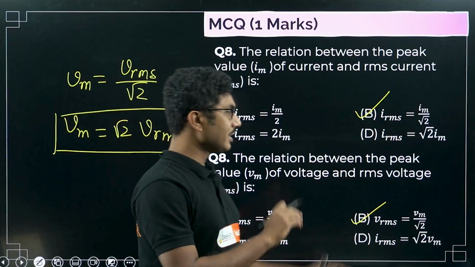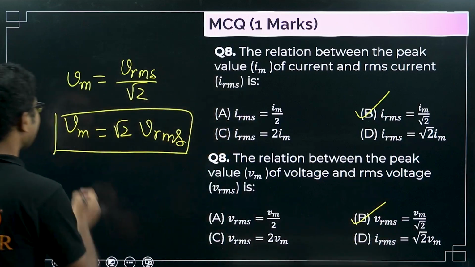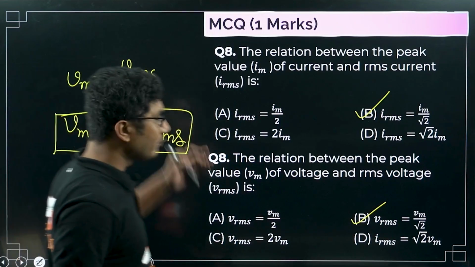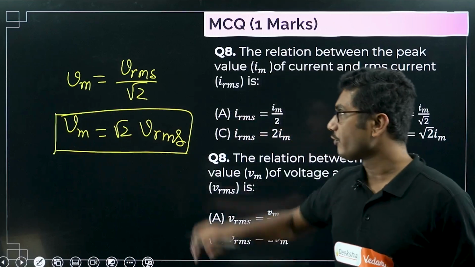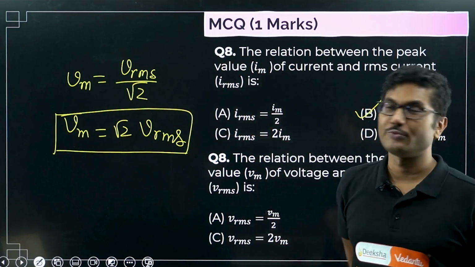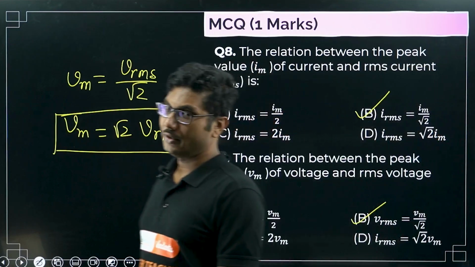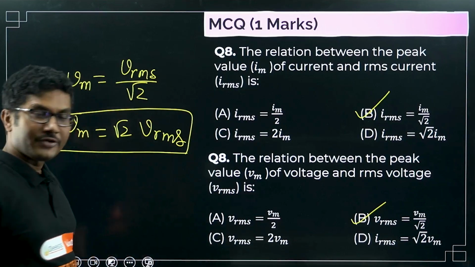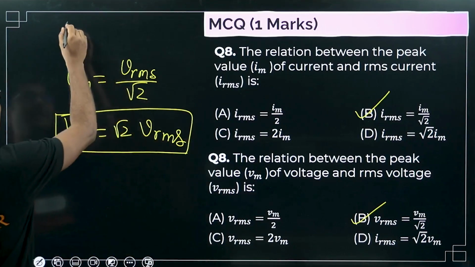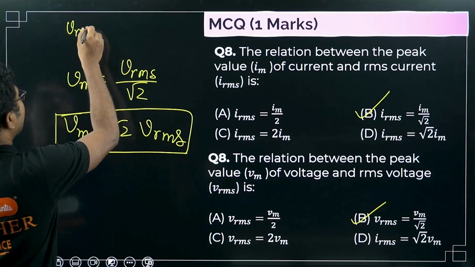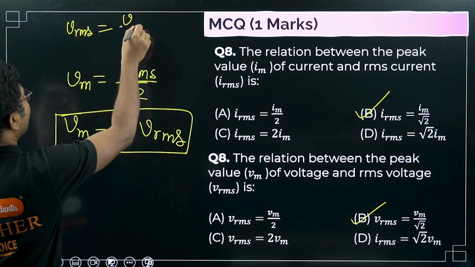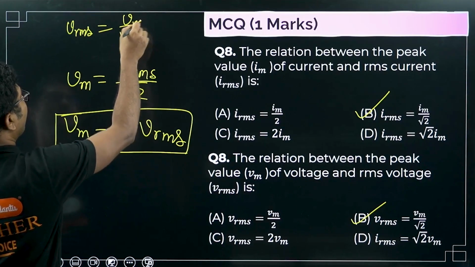So they will reverse the right and left side, so in that case be careful and don't fall for the trap they want you to fall for, that is Vm equals VRMS by root 2, okay. No, Vm is not VRMS by root 2, but VRMS is Vm by root 2. You remember only these two.